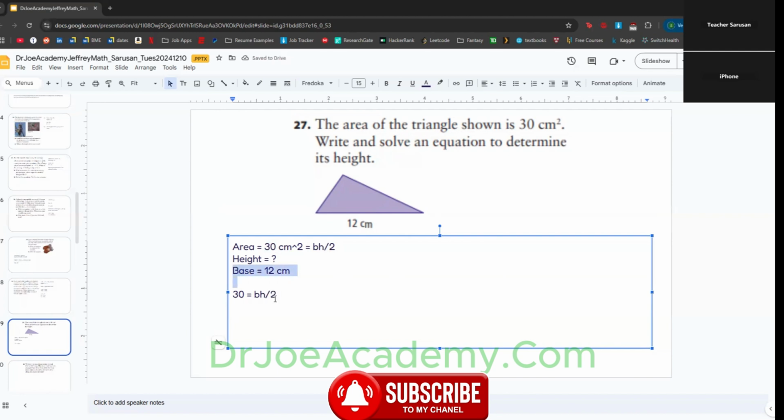And we know B, so we can plug that in. 30 equals 12H divided by 2. Now, how do we solve for H? It's 5 because 12 times 5 divided by 2 equals 30.